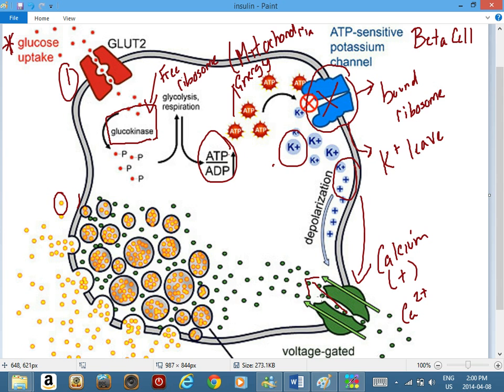Alright, okay, so why do we need calcium? Well, calcium is actually an important molecule in a process called exocytosis. Now, we haven't studied exocytosis, but just by looking at its name and seeing what's happening over here, what do you think exocytosis means?